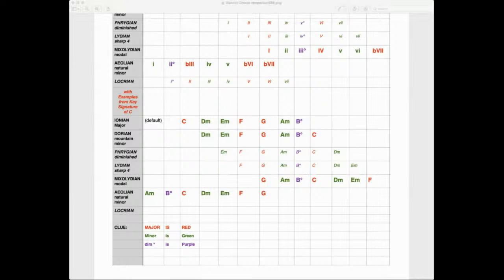But what I want us to notice here is that C and A minor have a special relationship because this is the 1 and this is the 6. You can either count up 6, 1, 2, 3, 4, 5, 6 to get to A minor, or count backwards to C, B, A minor, and it's going to come out the same way.